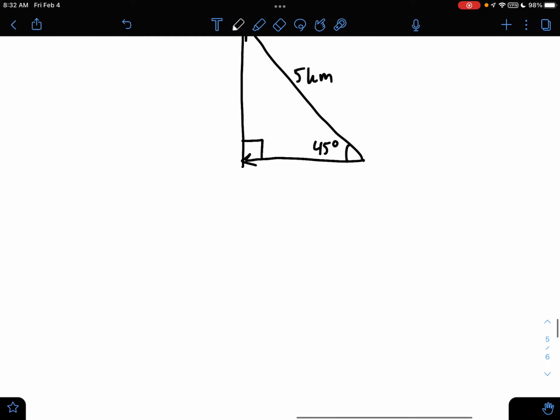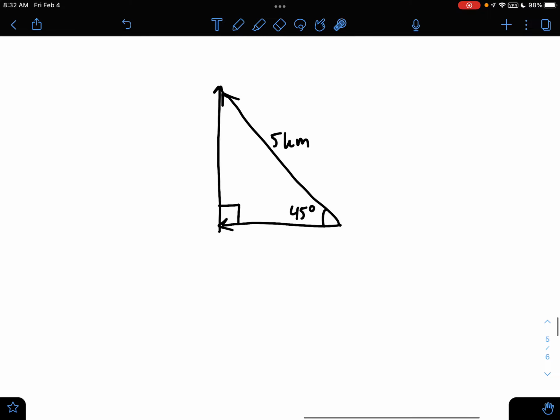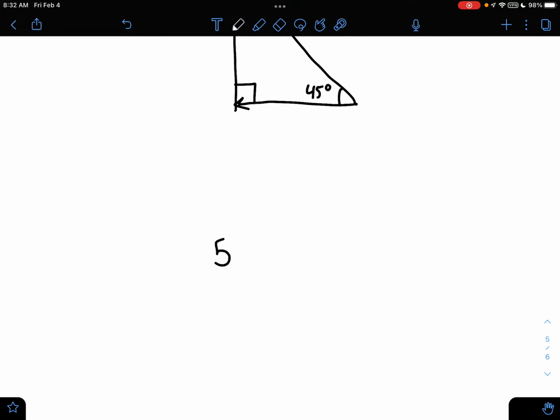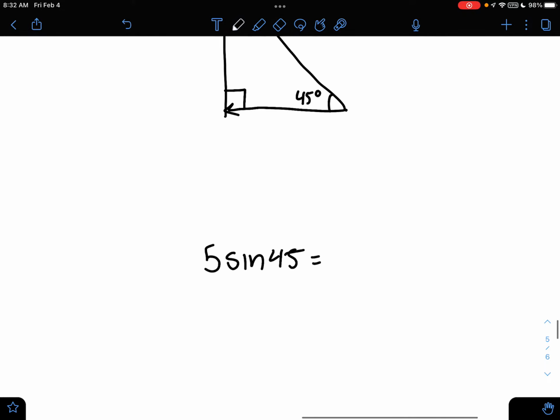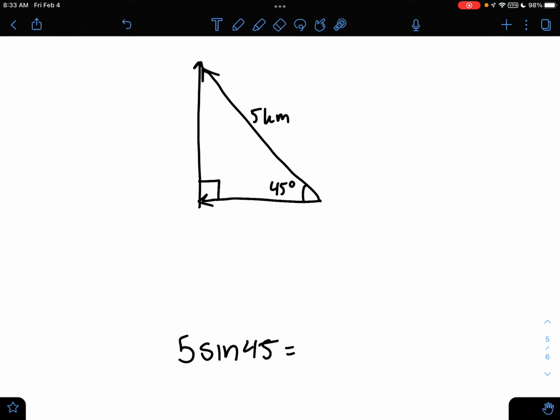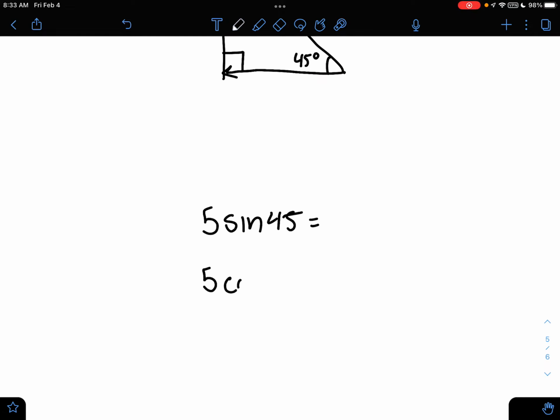And then I'm going to do our same thing as before, where we're trying to find our north direction. So it's going to be the opposite leg from this. So it's going to be 5 sine 45 equals our north direction, right? And then for our x direction, our east direction, it's going to be 5 cosine 45.